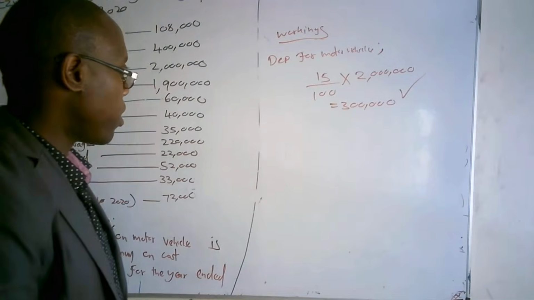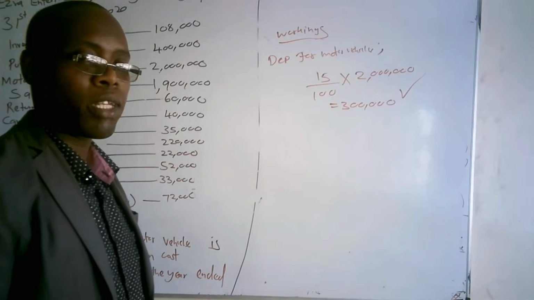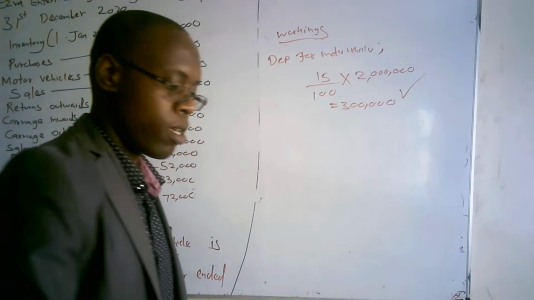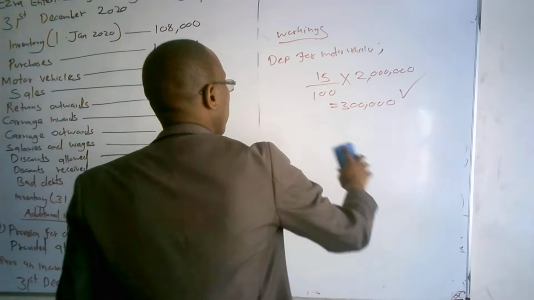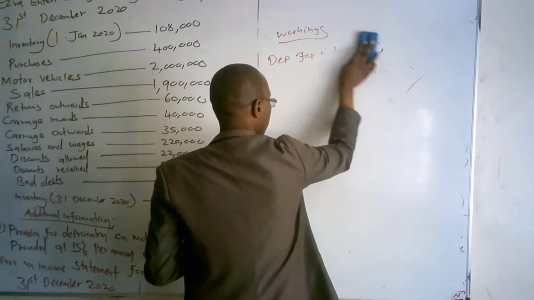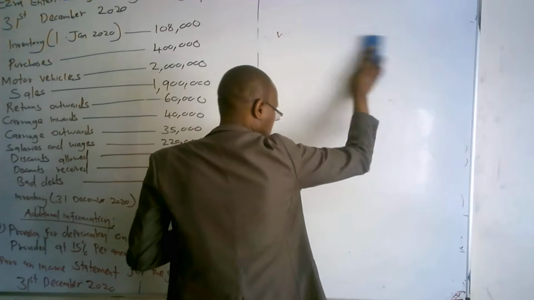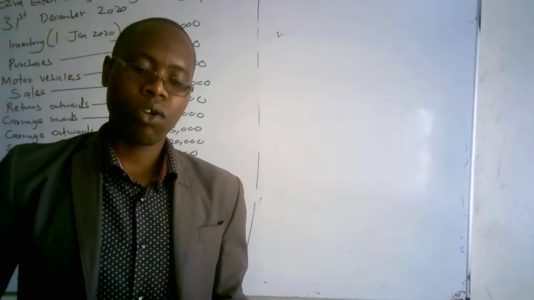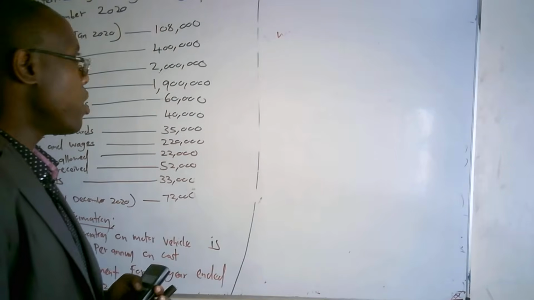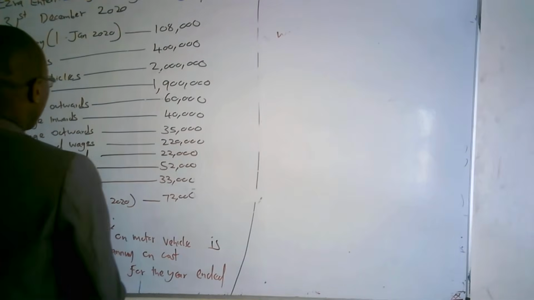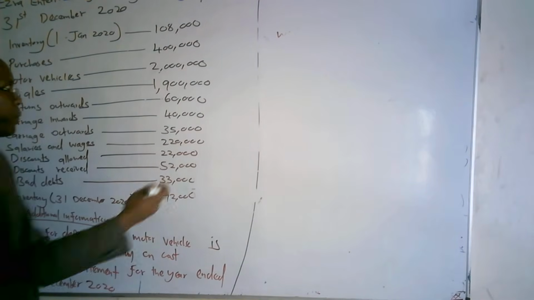Then the next thing, after the adjustment, of course, you can have prepayments and accruals, and this question was not having that one. So we have known that it was 300,000. Remember, when you are going to prepare the income statement, under the expenses category, we will have that 300,000. So after doing that, we can start the question itself.